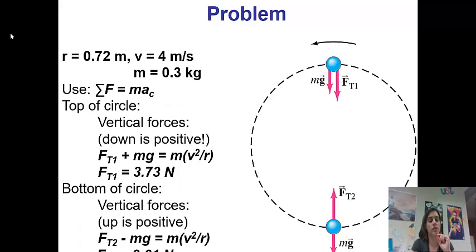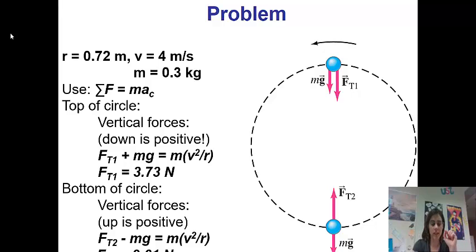Okay? So here we have a radius of 0.72 meters, a velocity of 4 meters per second, and a mass of 0.3 kilograms. You can see how we can find the tension force both at the top and the bottom, where the sum of the forces is equal to mass times the centripetal acceleration. On the top, it's the tension force plus the weight that is providing the centripetal force, so the tension's much less.